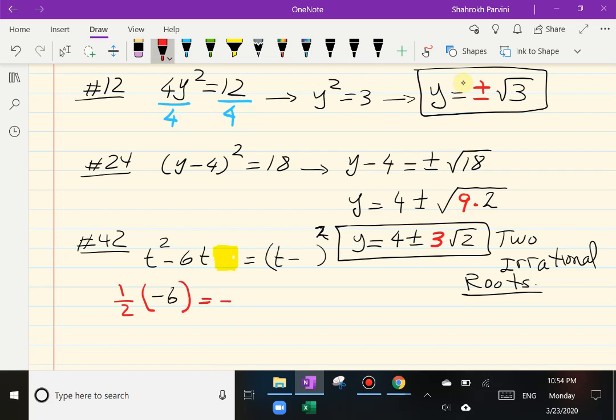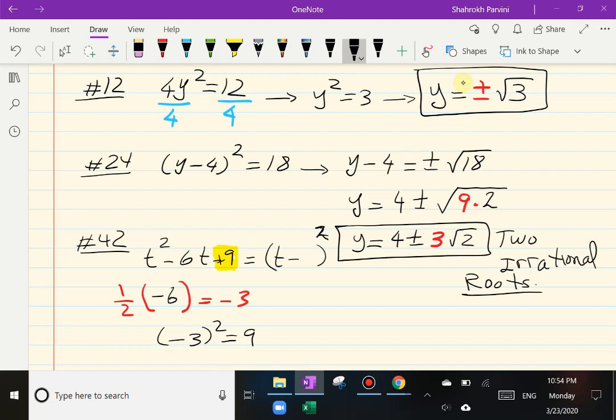And that makes it negative 3. And then we're going to square it, right? So negative 3 gets squared, and that becomes a 9. And that's what we're going to add here, a 9. When you add a constant using completing the square, you're always adding because of the squaring effect. Okay, so we're going to add a 9.